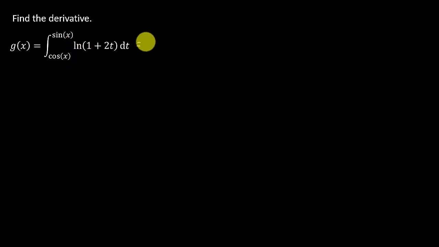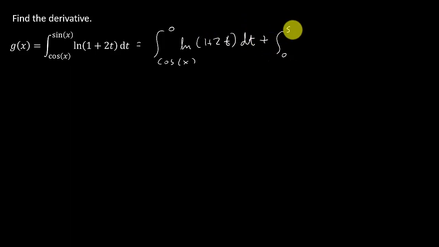If I split this up, I'm going to go from cosine x to 0 of natural log of 1 plus 2t dt, plus, and then I'm going to go from 0 to sine x of natural log of 1 plus 2t dt.